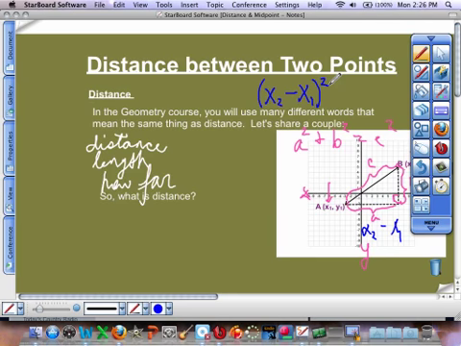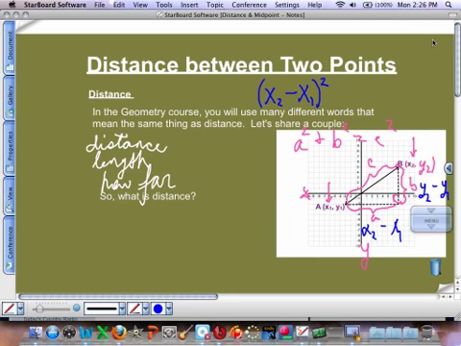Following the Pythagorean theorem, plus y2 minus y1 squared, equals c squared. Now, do I want c or do I want c squared?